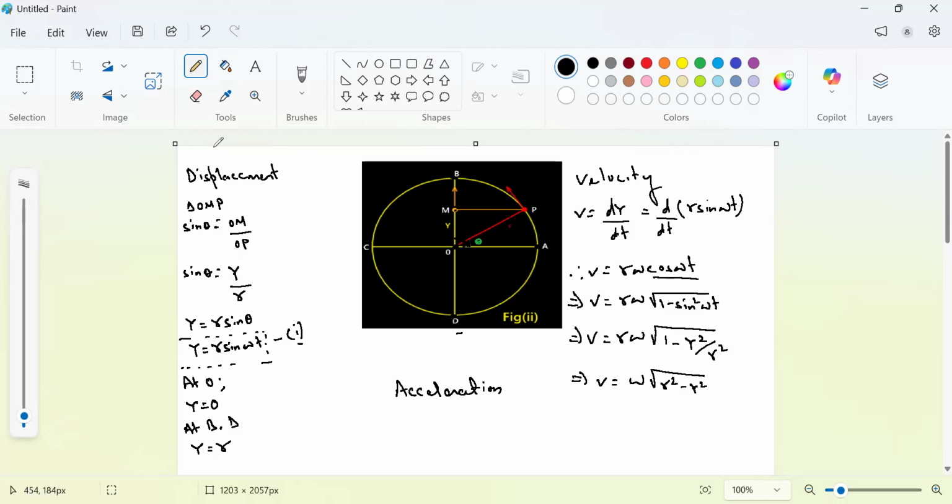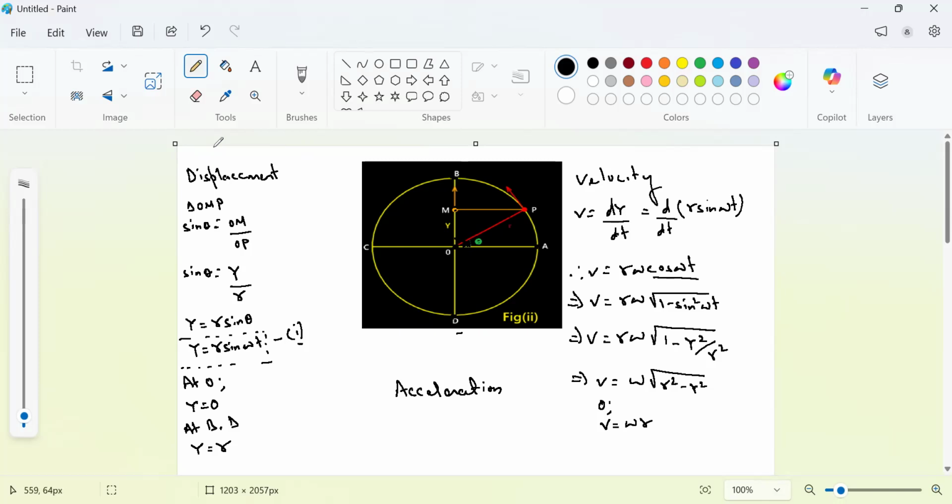So this is the general formula for the velocity of this particle M. Now let's try to be specific. Let's try to find out what is its velocity at point O. So at the mean position, that is at point O, y equals 0. So v equals omega R. So this is the velocity at the mean position.